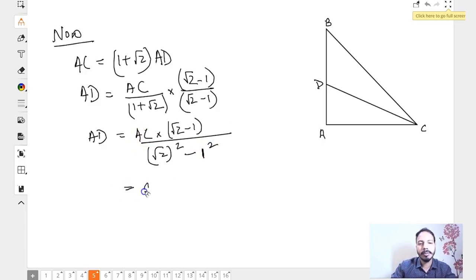So the denominator I'm going to get is 1. So AD can be written as A root 2 minus 1.